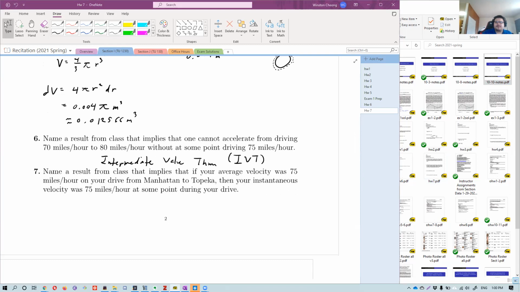Okay, for 7, this seems like something that you cover in lecture 14, so on the videos, you cover that a bit later. This is relating an average velocity with an instantaneous velocity, and it's saying that if in some trip you had an average velocity, then at some point you must have been going precisely at that average velocity.